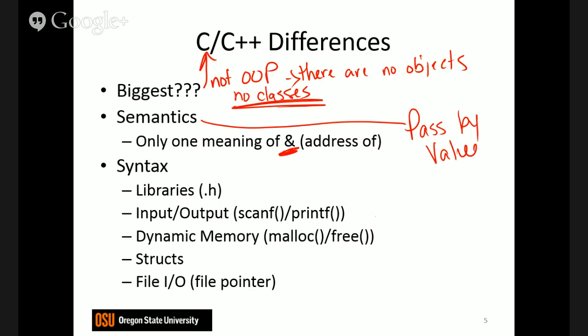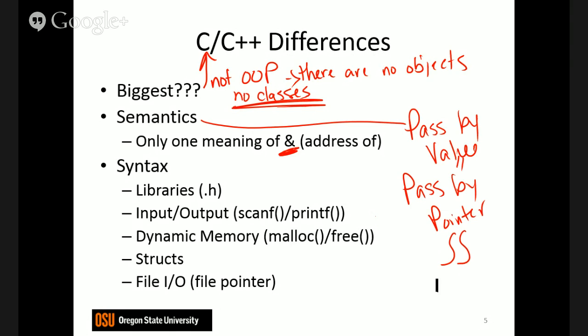Even when you pass by pointer, it's still passing by value, but passing by pointer is the closest thing you have to C++ by reference. That's my approximation, not real good.